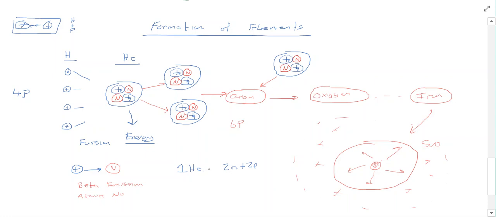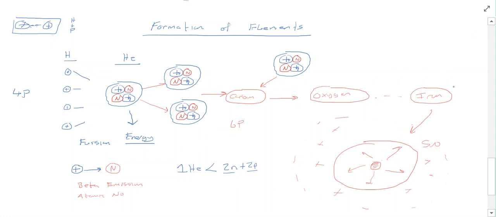If you weigh 2 neutrons and 2 protons and compare them to helium, what you'll find is that helium actually weighs less than 2 protons and 2 neutrons on their own. So there's a slight discrepancy between the weight of a formed helium atom and the individual weights of the constituents that make up that helium atom, i.e. the 2 neutrons and the 2 protons.